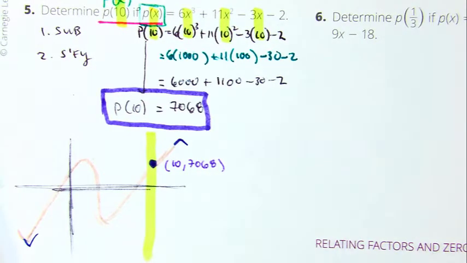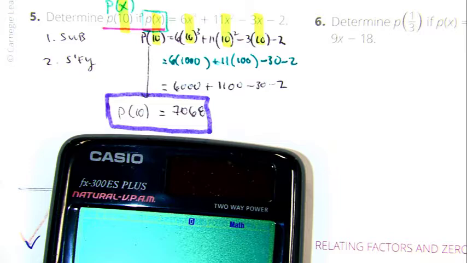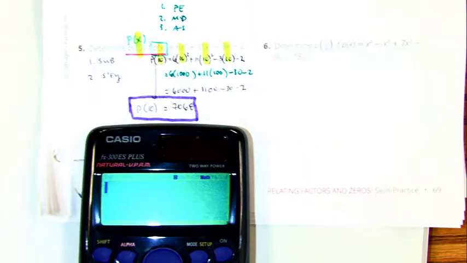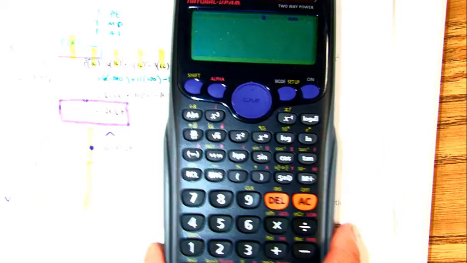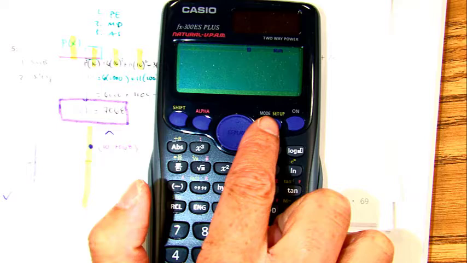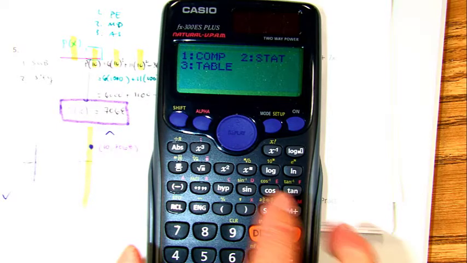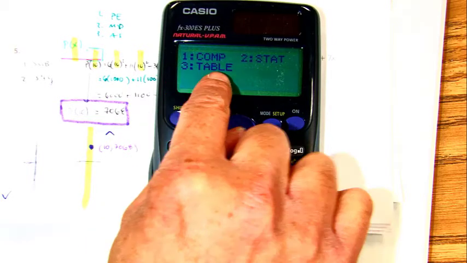Now let's show you the technology. Alright, so if you have this Casio scientific calculator, I'm going to show you guys how to use it. So you press on, and if you press mode, some student showed me hers. She had 7 options, but I'm just going to press table.